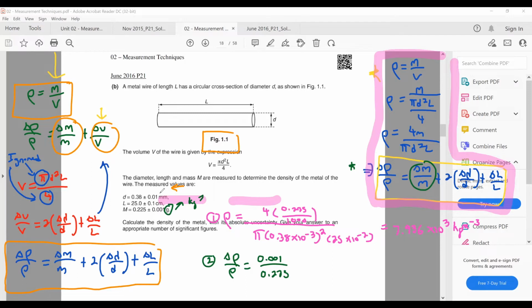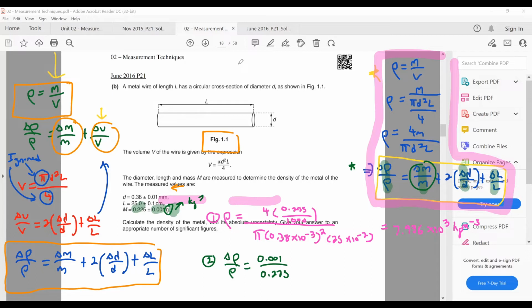For this part of the working, when I want to find the fractional uncertainties, like the case here for the fractional uncertainty of the mass, this one was in grams. My question was, do I need to purposely change everything here to kg?